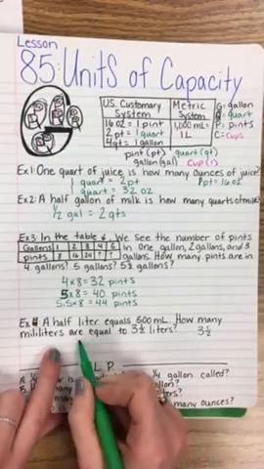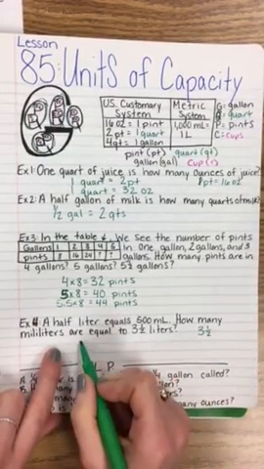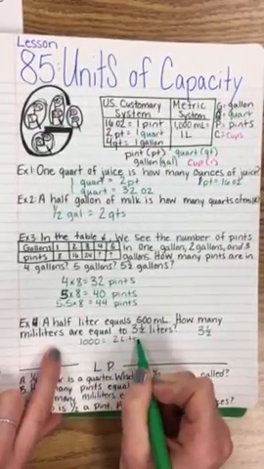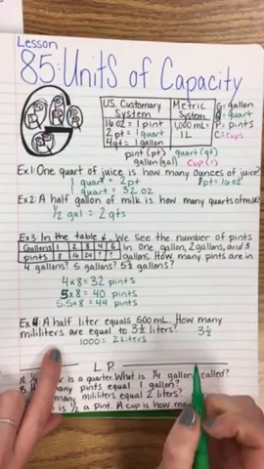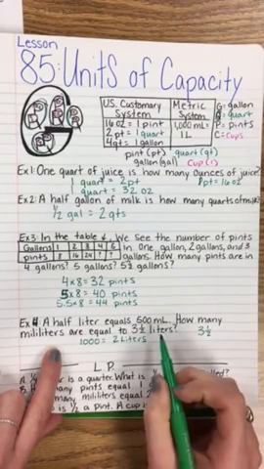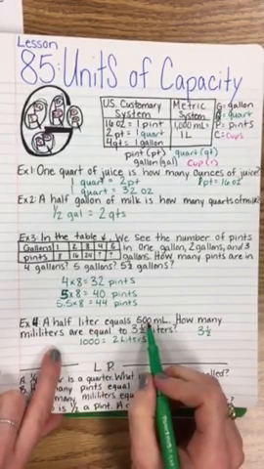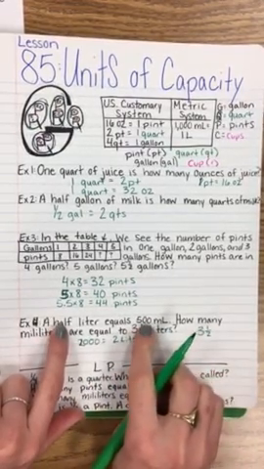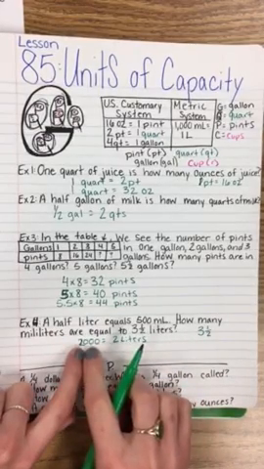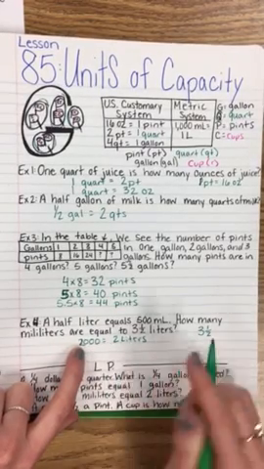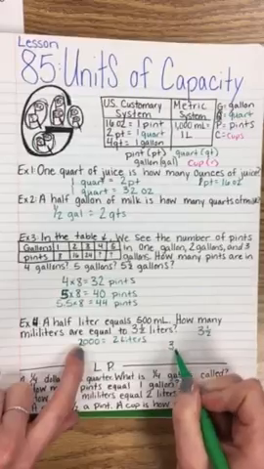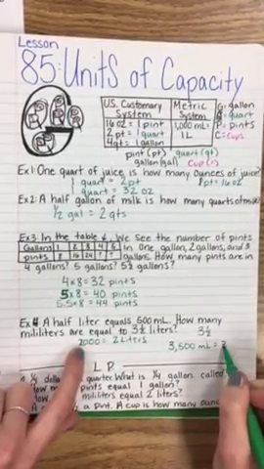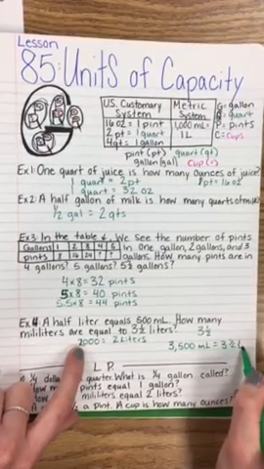You know that 500 times 2 is 1,000, so 1 liter equals 1,000 milliliters. So 2,000 milliliters equal 2 liters. So 3,500 milliliters equals 3.5 liters.